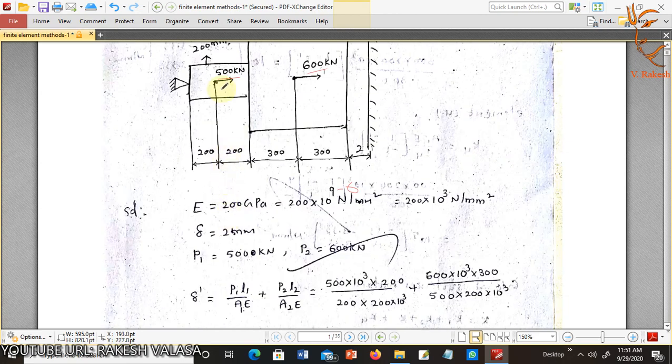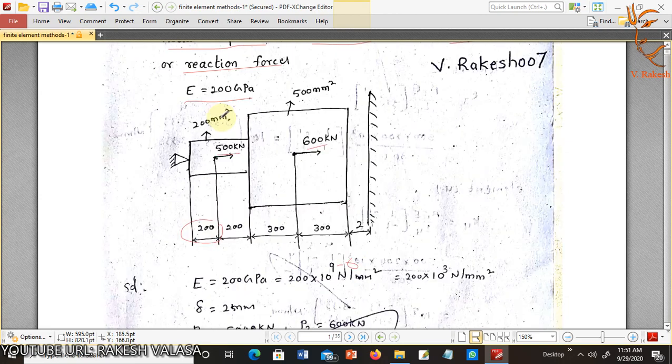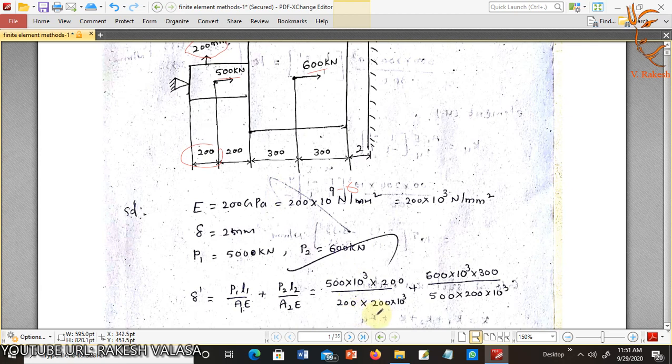P1 means 500 kilonewtons, 500 into 10 cube into L1 means this length 200 mm by A1 means cross sectional area 200 mm square into Young's modulus is 200 into 10 cube plus P2 is 600 kilonewtons, that means 600 into 10 power 3 into 300 by A2 means 500, E means 200 into 10 cube.